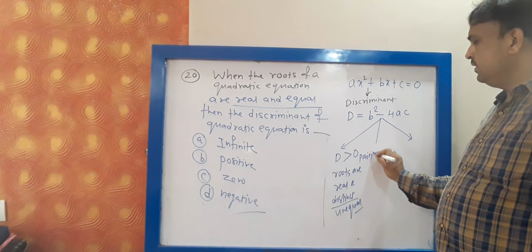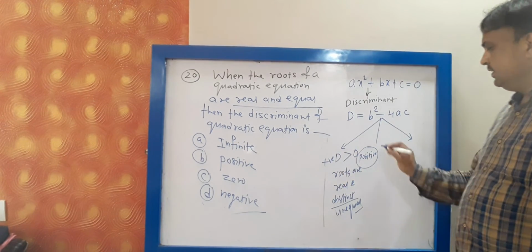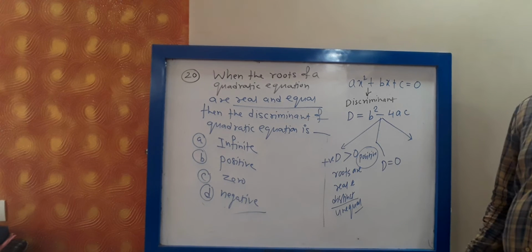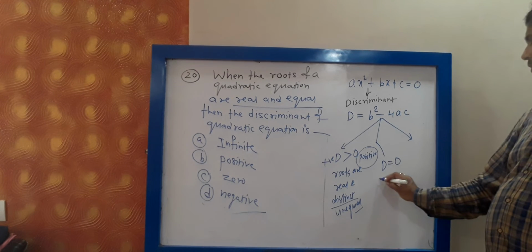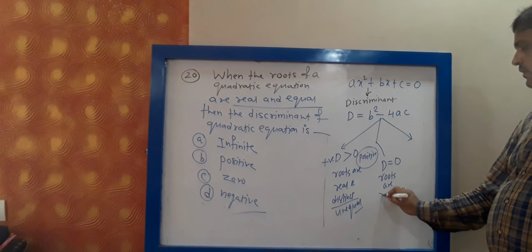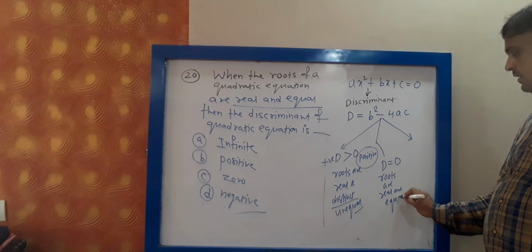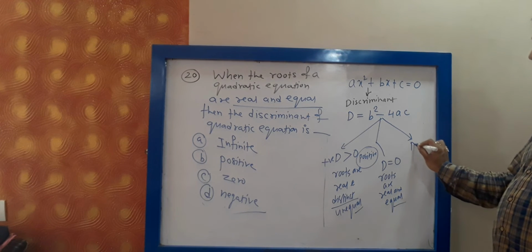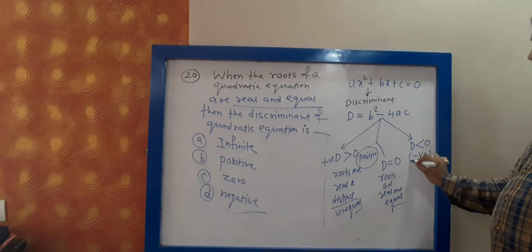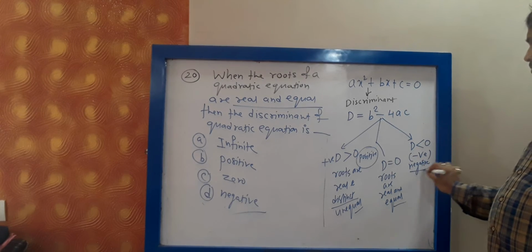Then second, if the discriminant D is equal to 0, then the roots are real and equal. And if D is less than 0, that means negative.